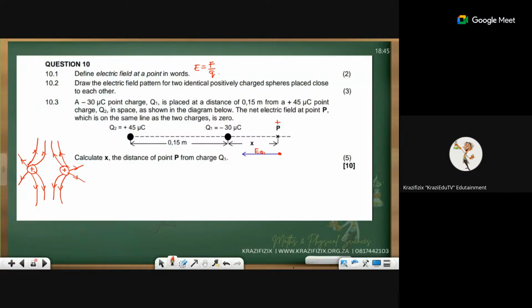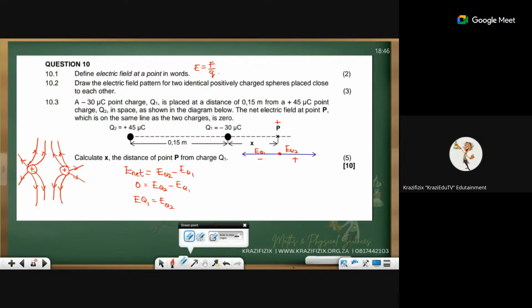Now Q2 and P are both positive, so this one should be moving in that direction. That is EQ2. Let's choose right as positive, left as negative. The rest is a matter of substitution. E net, starting with the positive one, is EQ2 minus EQ1. But they told us it's 0. So EQ2 minus EQ1 equals 0. Can I move the EQ1 over? So EQ1 equals what?